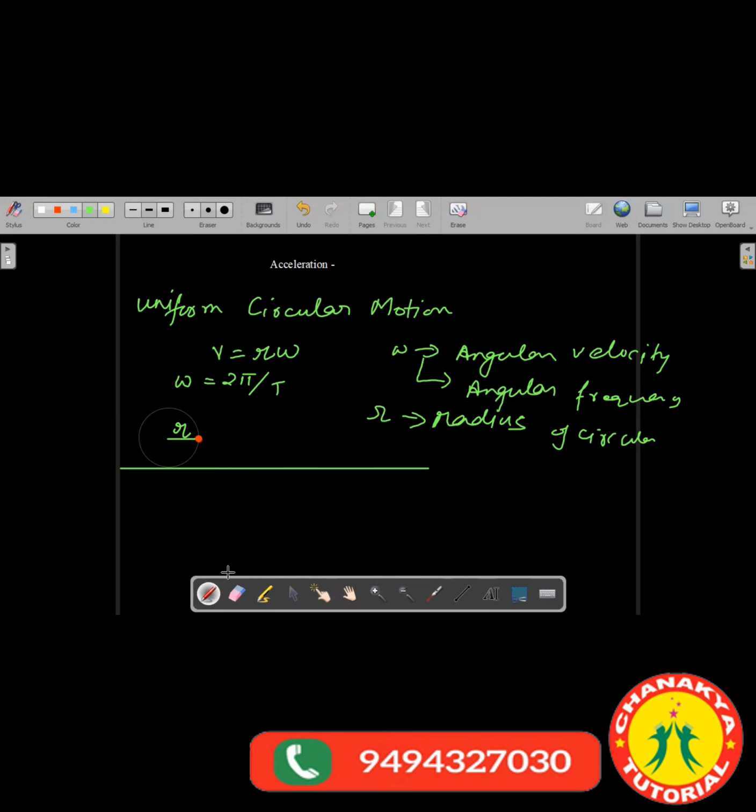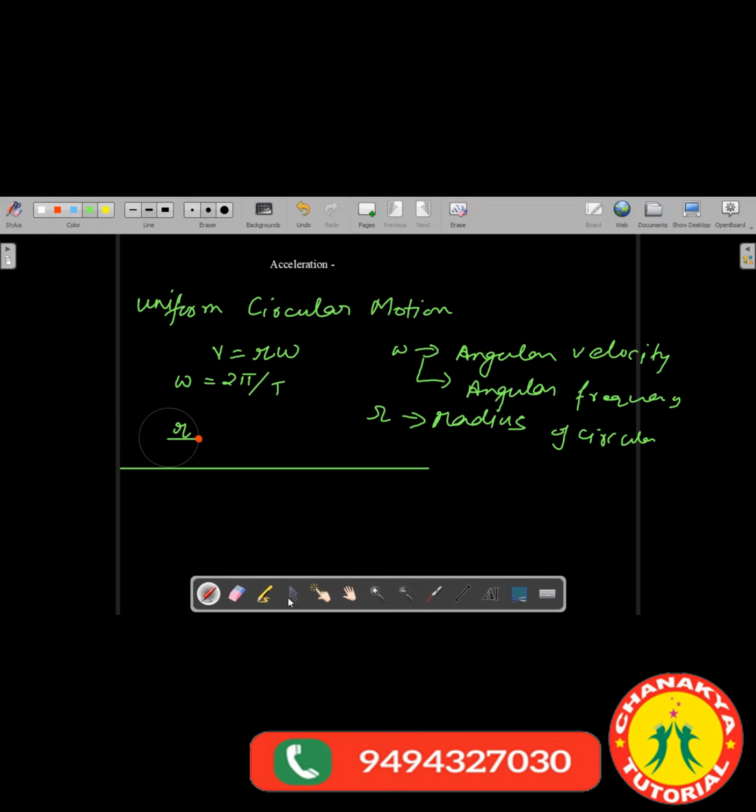As the wheels rotate, the vehicle also has some linear velocity, given by r times omega.